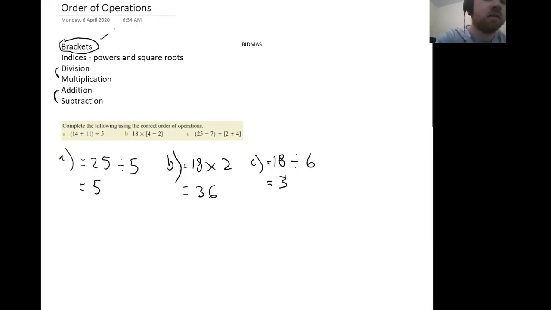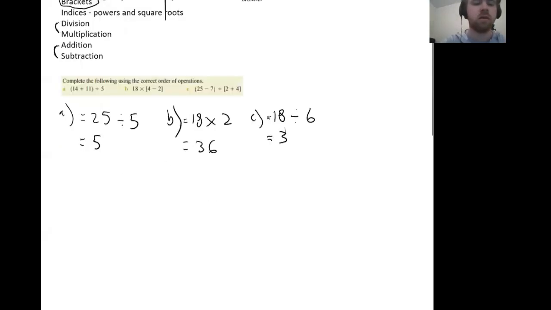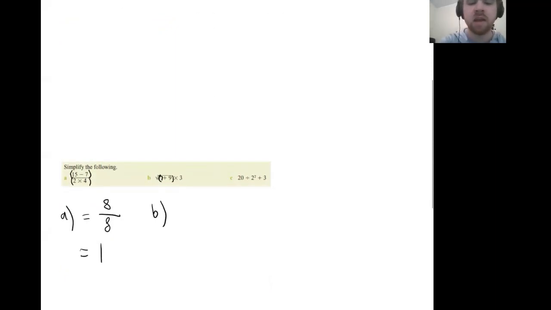It applies to fractions and square root signs too, in that you need to see that there are hidden brackets underneath the square root sign and on the top and bottom of fractions.